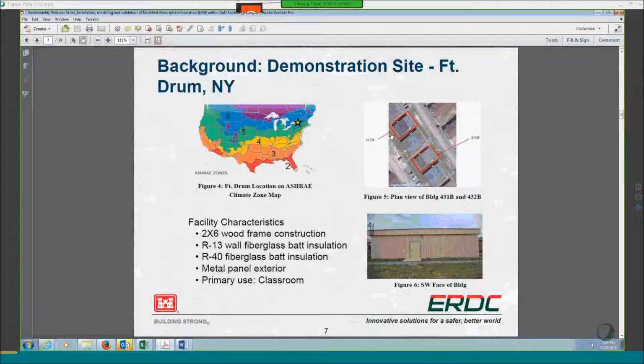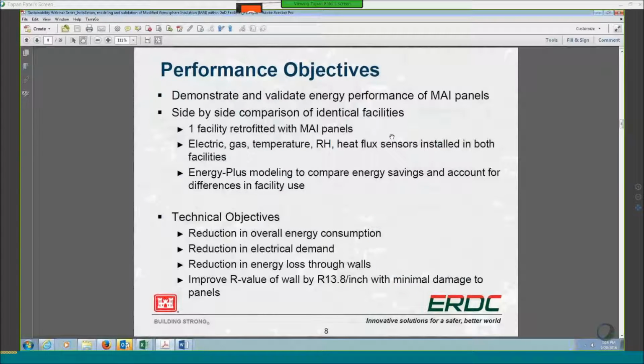And so we had two buildings very close to each other, operate almost very similarly, one with the panels and one without the panels. We put sensors, electric, gas, temperature, relative humidity, and heat flux sensors in both facilities. And our goal is to compare the data we receive with the sensors and compare that to our EnergyPlus models. The reason we chose EnergyPlus here is, as you may know, it can get very complex, and there are some considerations that we really need to account for.